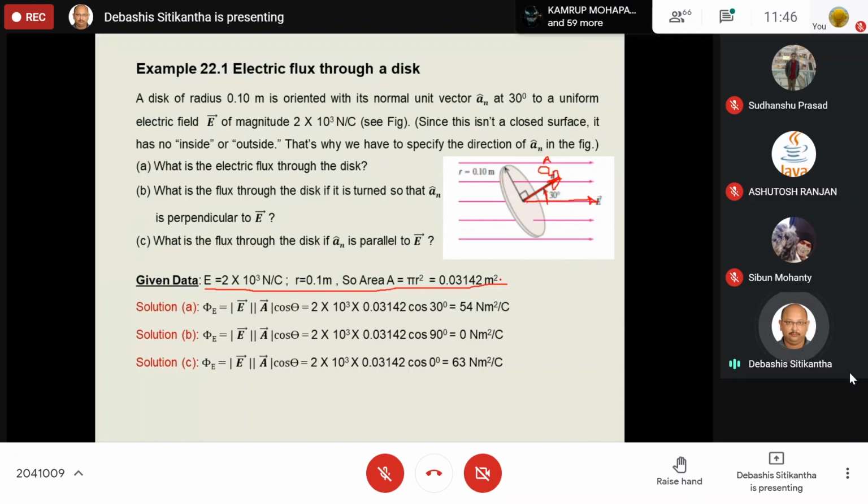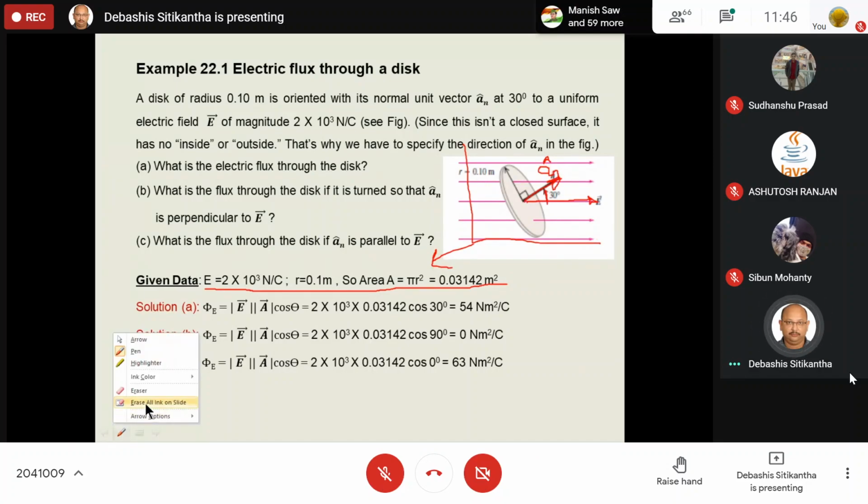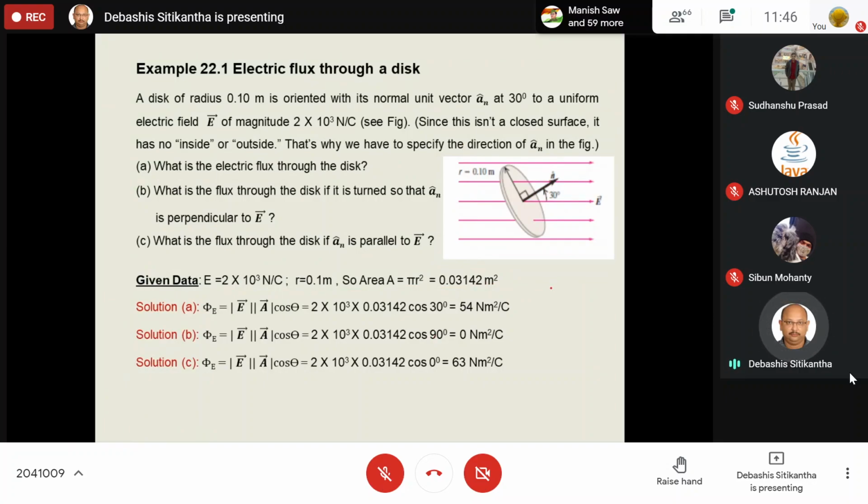Now, whenever we did such types of problems previously, I always used a coordinate axis. I was telling you that we will draw a coordinate axis, then we will solve it. But in this case, I have not drawn any coordinate axis. Can anybody tell me why I have not drawn any coordinate axes?